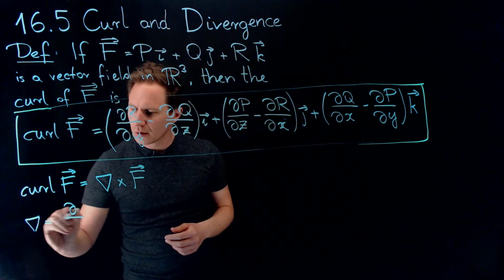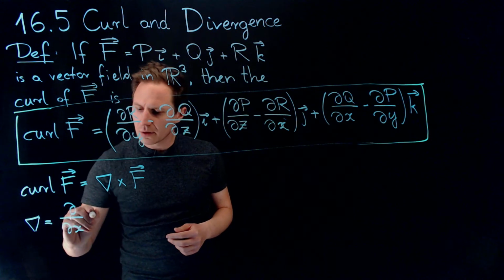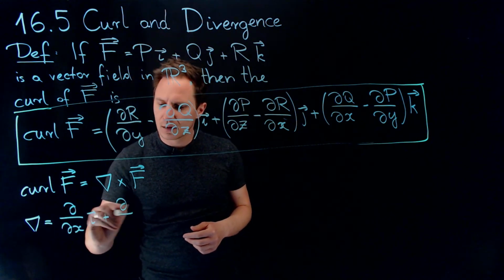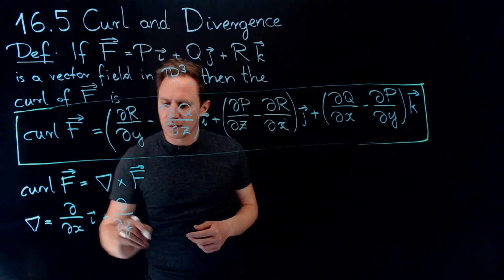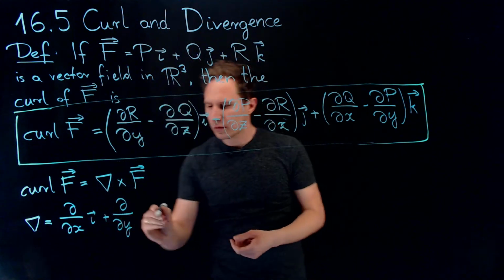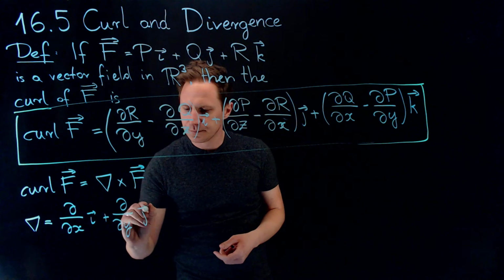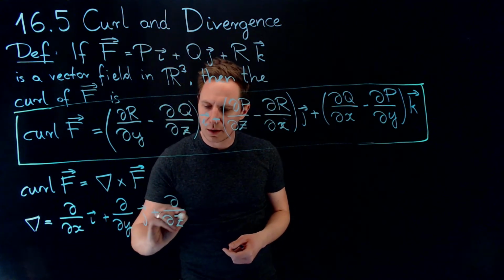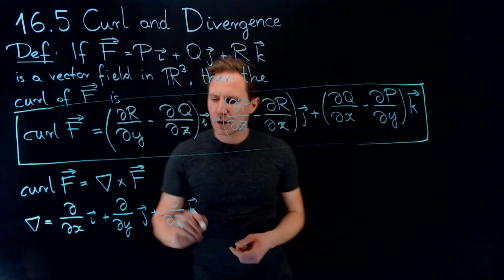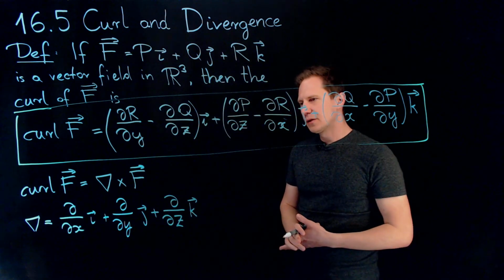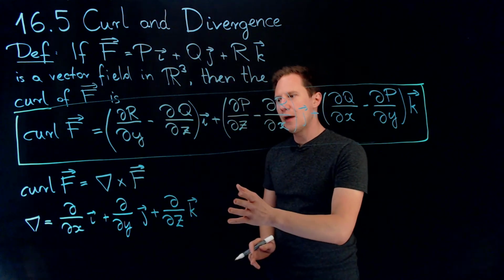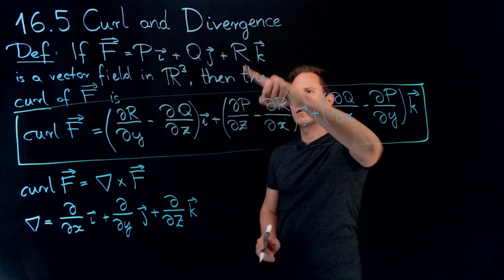It is not really a vector because it has as components these partial derivative operators. But if you think of Nabla as being this 3D vector, and you look at the cross product of Nabla and F, remember F is this vector field.